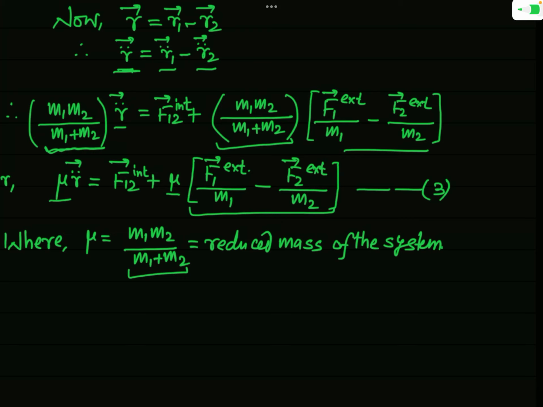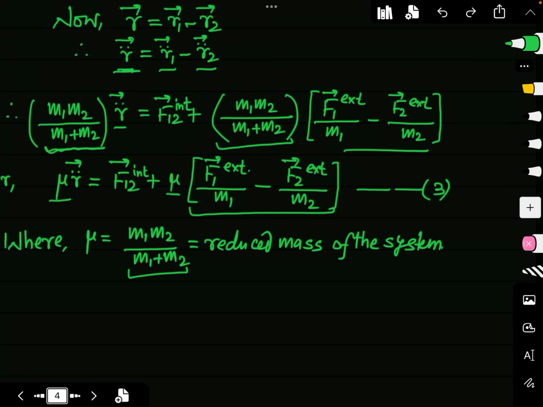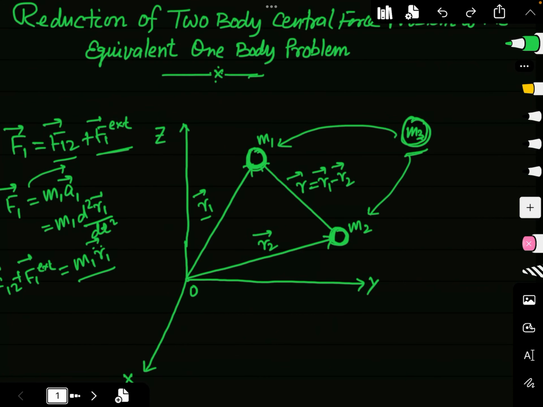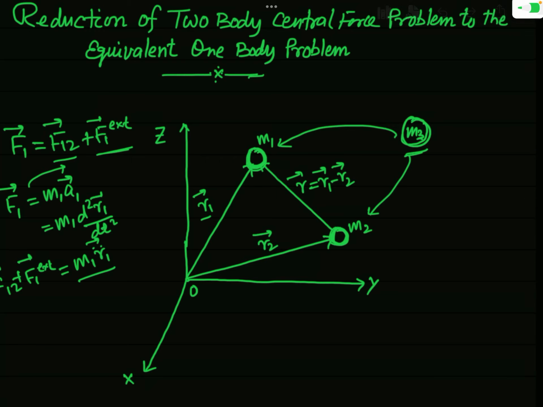For this let us assume that the mass m3, which we have considered outside of our system, is far apart from our system. It means this m3 is situated at a very large distance from our system. For example, a practical example, we will also see later on that particular example in detail.